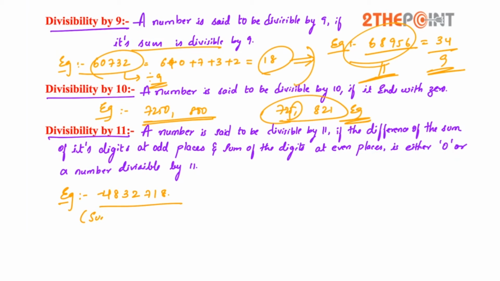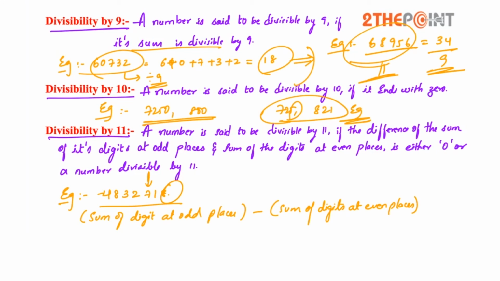We know that it is the sum of digits at odd places minus the sum of digits at even places. Here the digits 8, 7, 3 and 4 are at odd places, since the unit place is an odd place, and we have to count odd or even from right to left.